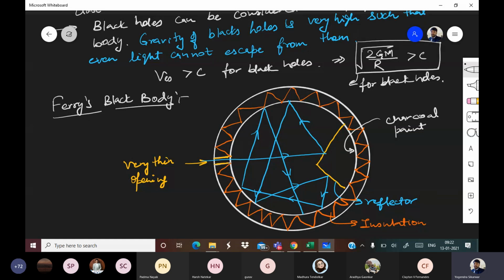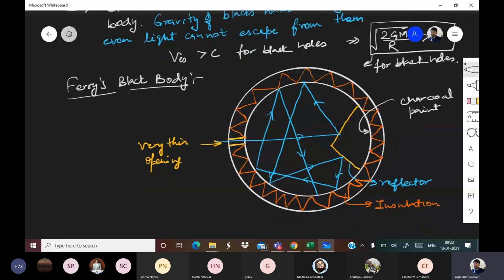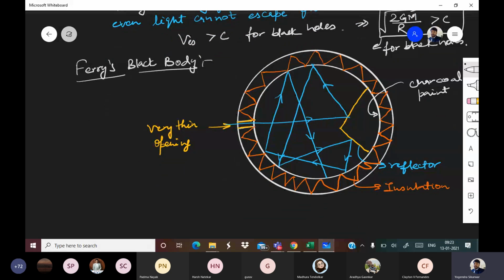As I told you, the space between the two spheres is thermally insulated, so heat cannot pass through that way. So basically there is no way left for the heat to come out of this black body. This was created by Faraday. That's why it is called Faraday's black body. Okay.